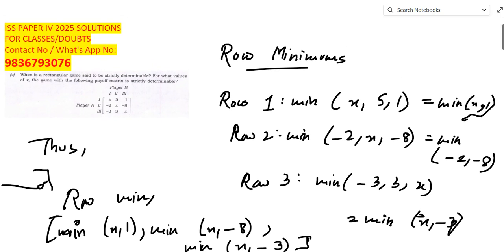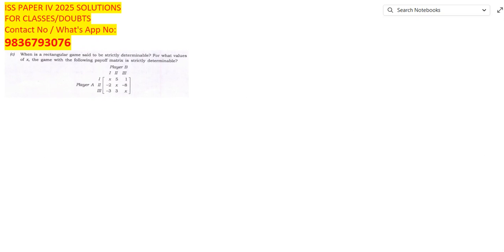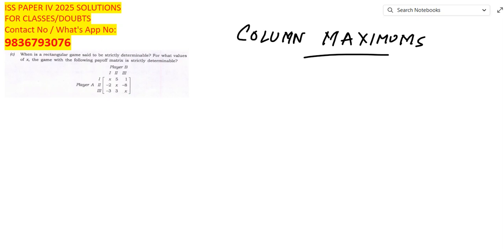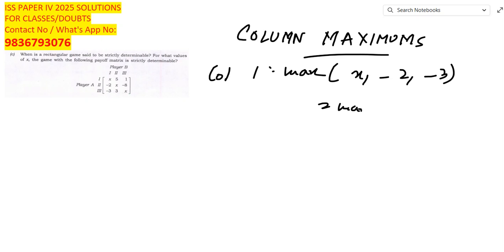Now column maximum again we have to find out. How I will find out? Column means largest entry per column. So first column, it's x, minus 2, 3, so obviously maximum of x comma 3.